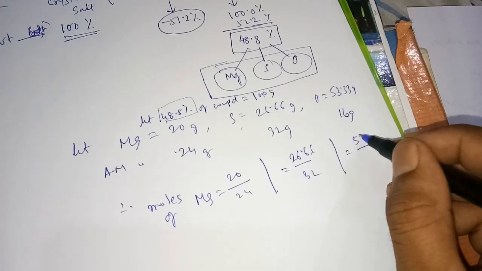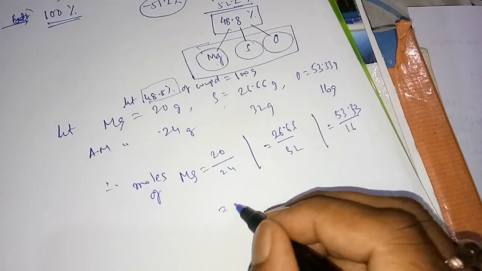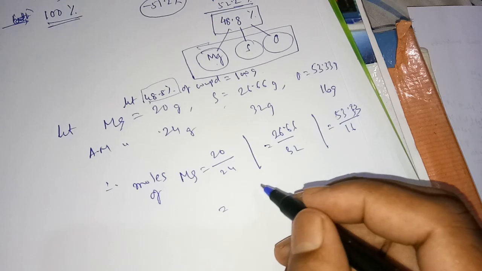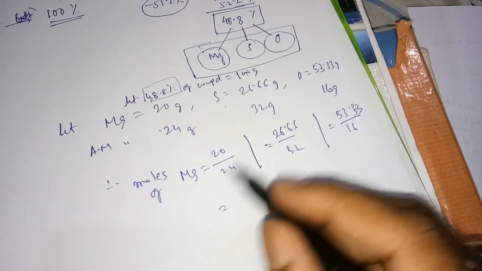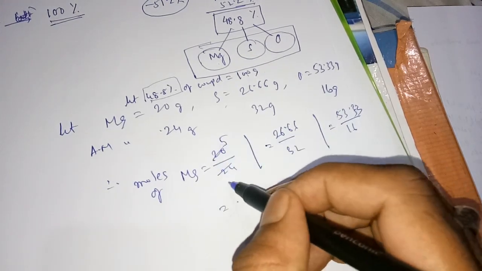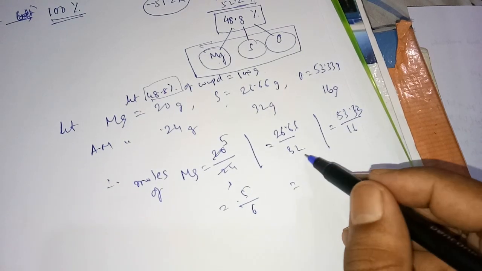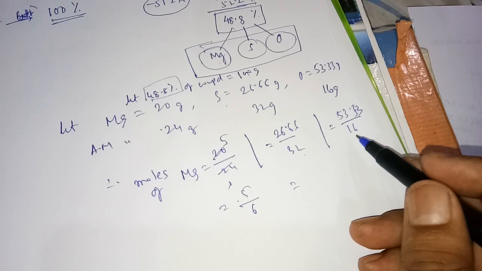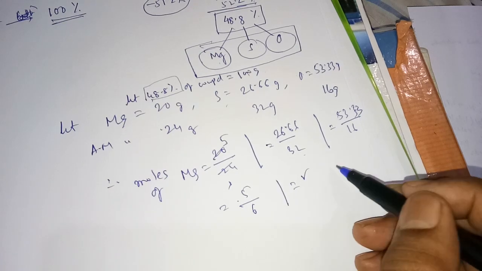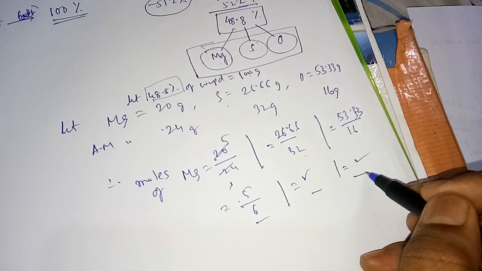Similarly, moles of oxygen is this divided by 16. Whatever you calculate, you can tell it is about 5 by 6, and you have to calculate this one also. I am leaving these for you, student. You have to calculate this, this, and this.